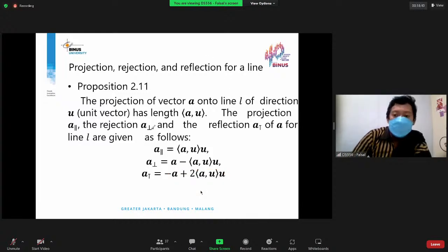But this is with unit vectors. If you have a direction of line L, you can normalize it, you can divide by its norm, so you will get a unit vector.